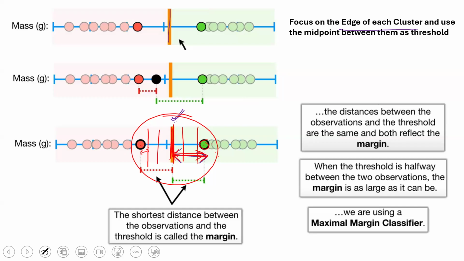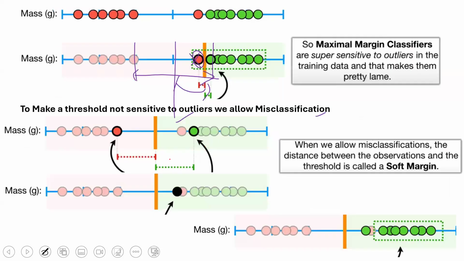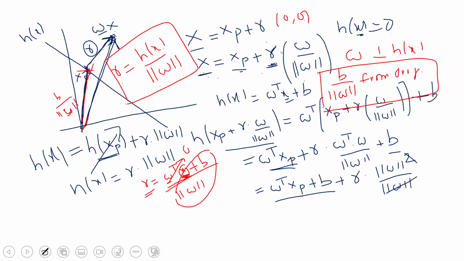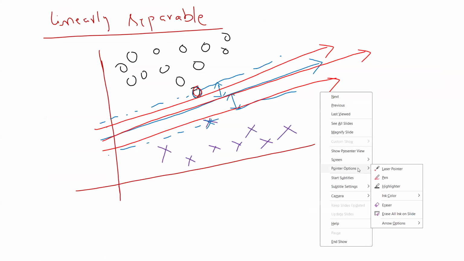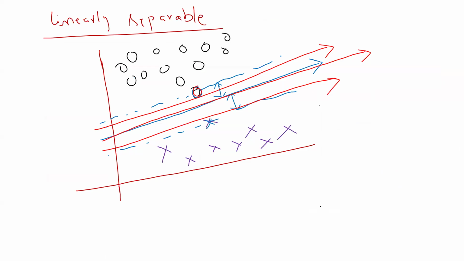When it is exactly at the center, the margin will be maximum. So the objective of SVM is to maximize the margin.